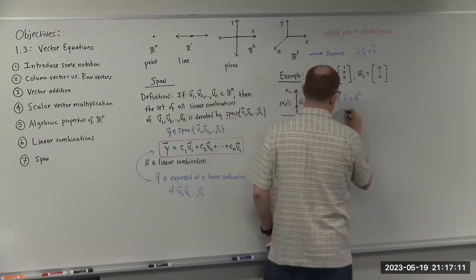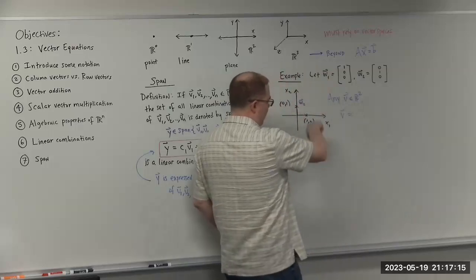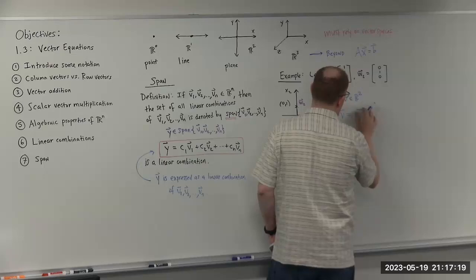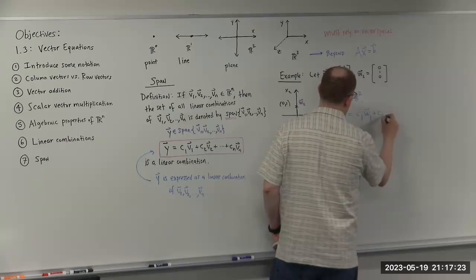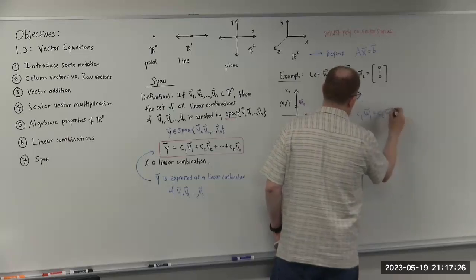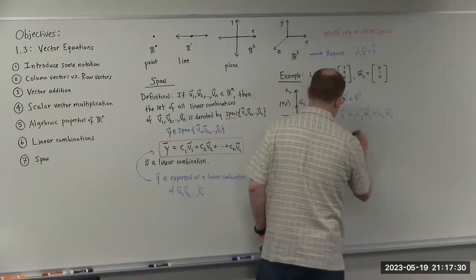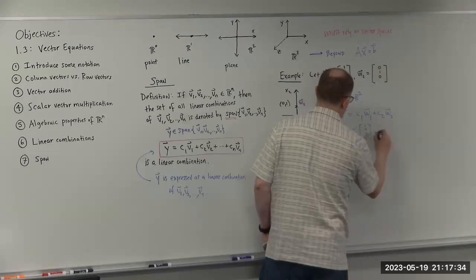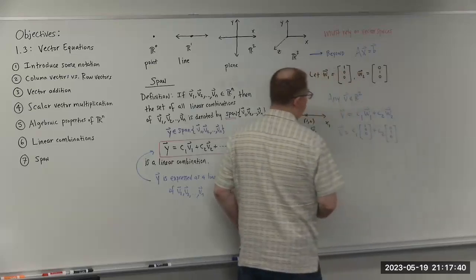You pick any vector in here, then we can easily solve for C1 and C2. So we have vector V equals C1 times 1, 0, 0, plus C2 times 0, 1, 0.